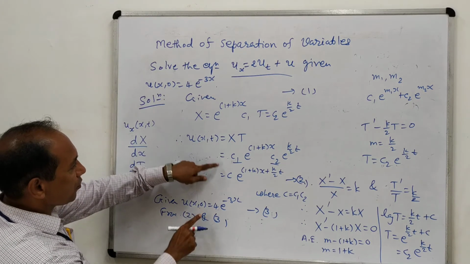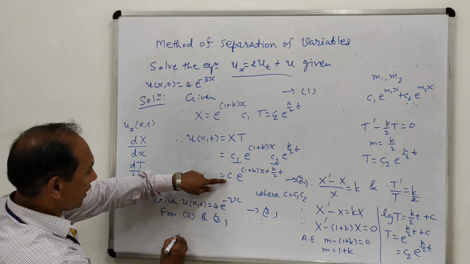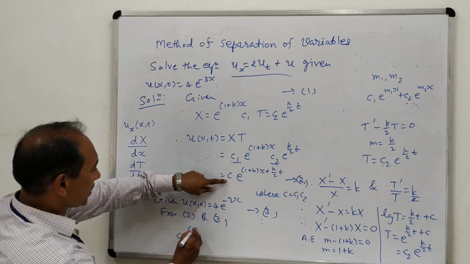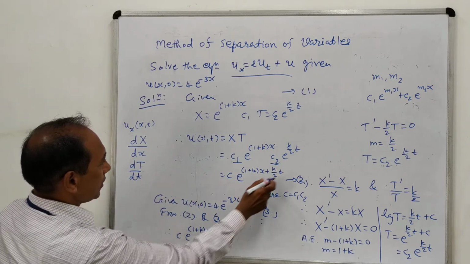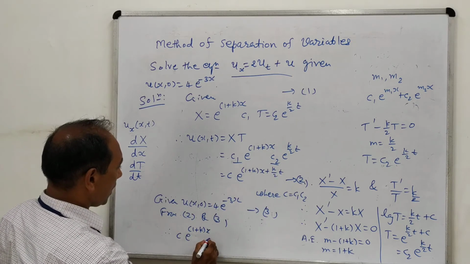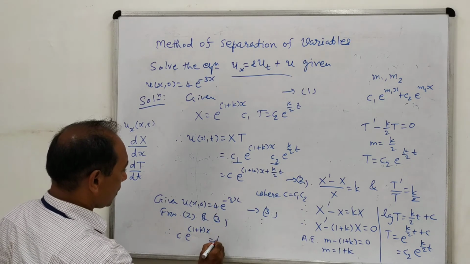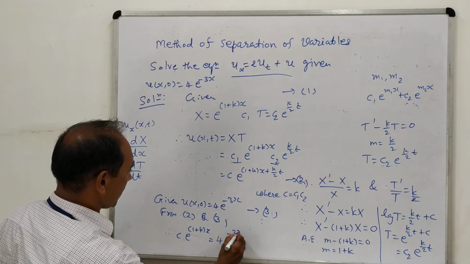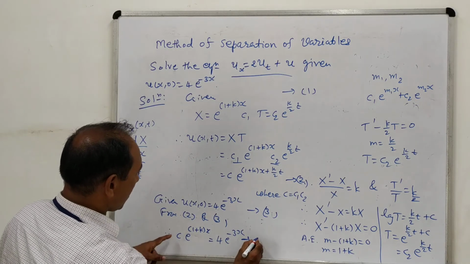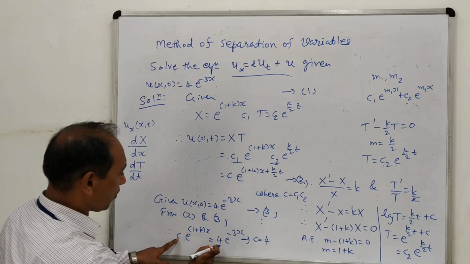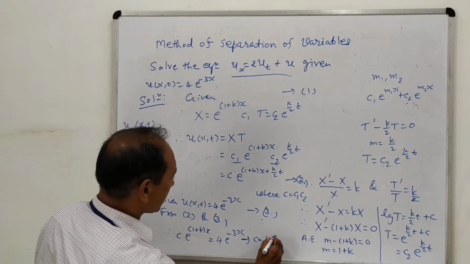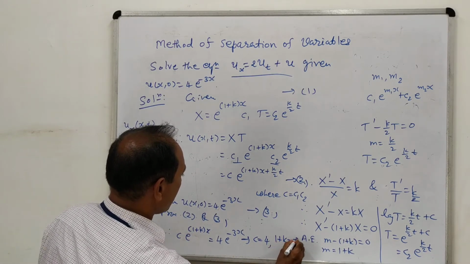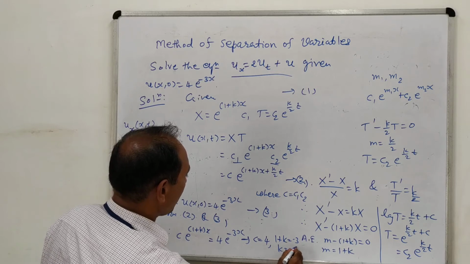If we put t equal to 0, then we will have c e raised to 1 plus k into x, because t equal to 0 means this part will become 0, and this equals 4 e raised to minus 3x. So from this, if we compare, we can get the value c equal to 4 and 1 plus k equal to minus 3. That means k equal to minus 4.